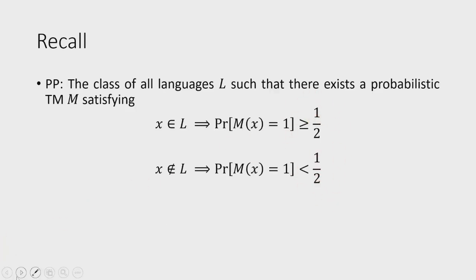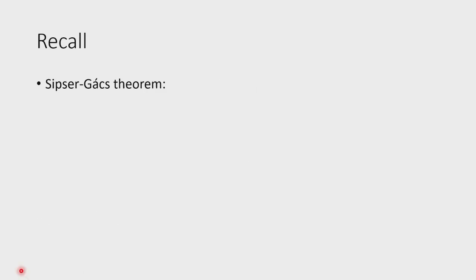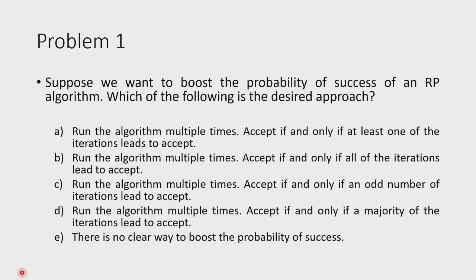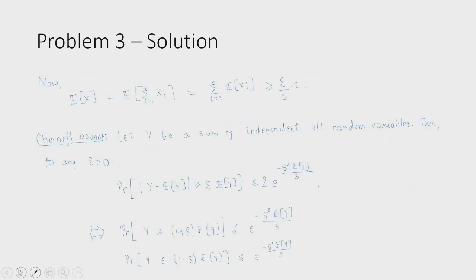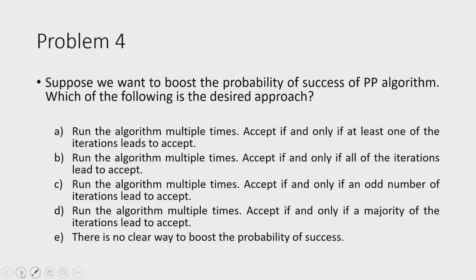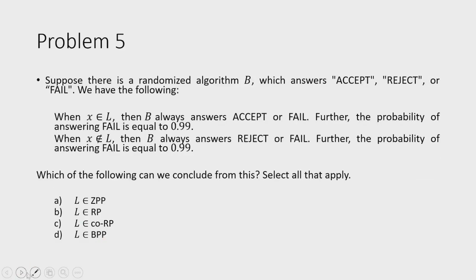That's what bothers us when you try to do it. What I'm saying is, if you were to work out the entire analysis that we did for BPP, for PP, you would notice that not having a gap is a huge issue. If that's fine, we can move on to the next problem.